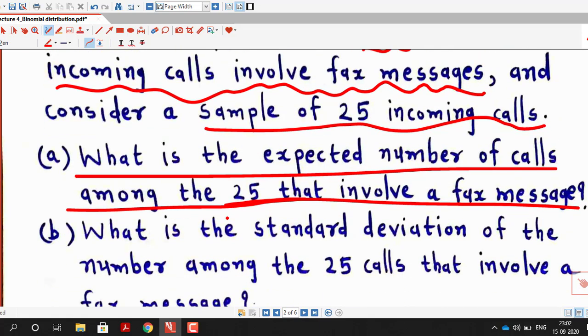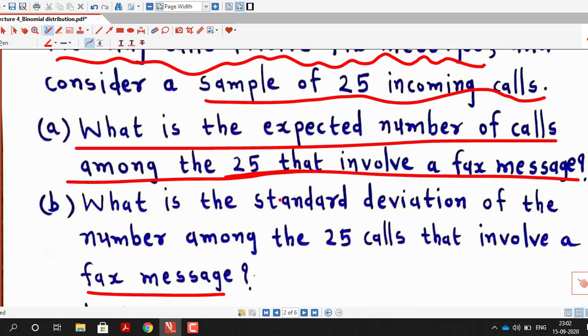So here we will consider the random variable capital X equal to the number of telephone calls that involve a fax message.